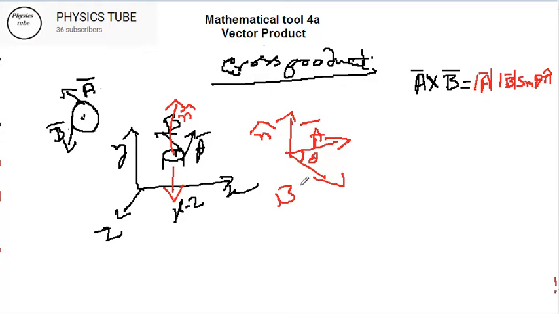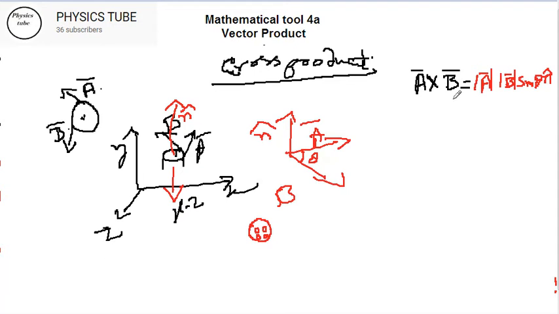For example, let's take some physical example. You have a puncture on the roadside, and somebody comes to help you to open your wheel, and they take some tool by which they open the nuts of the bolts of the wheel. Manually they are doing it. That is nothing but an example of cross product.